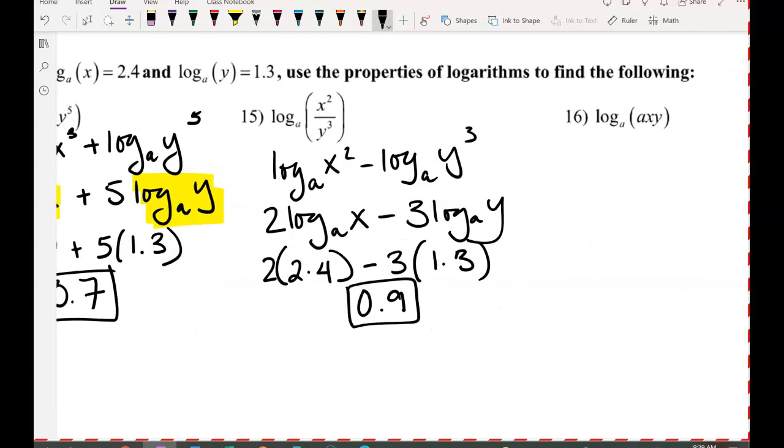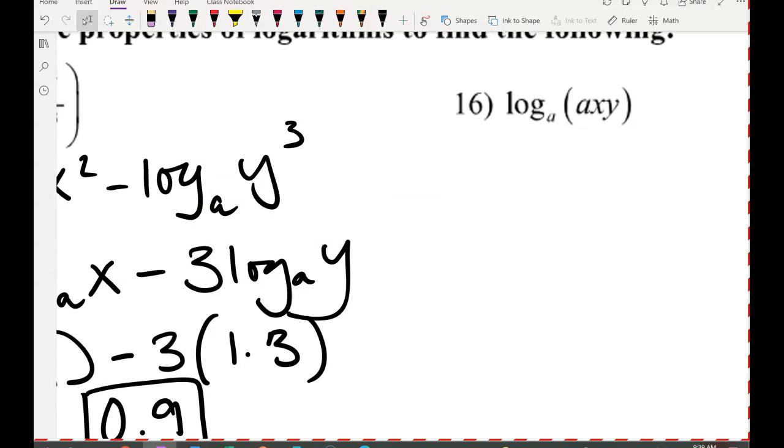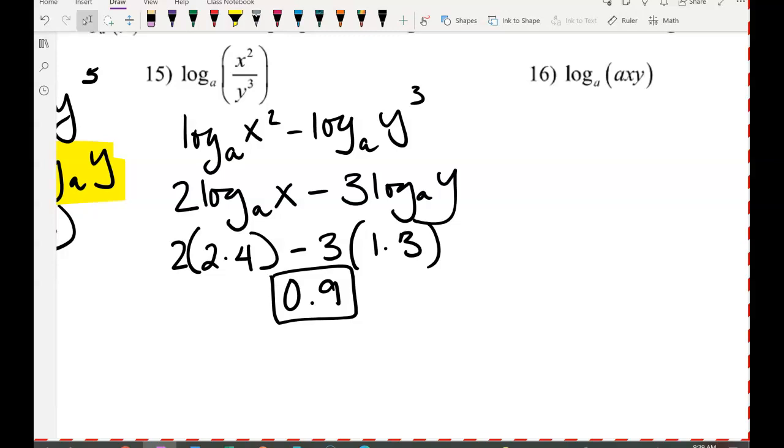All right, you guys try 16. I'll give you a minute head start. Good job, Susie. How many pieces of log are we separating this into? 3.